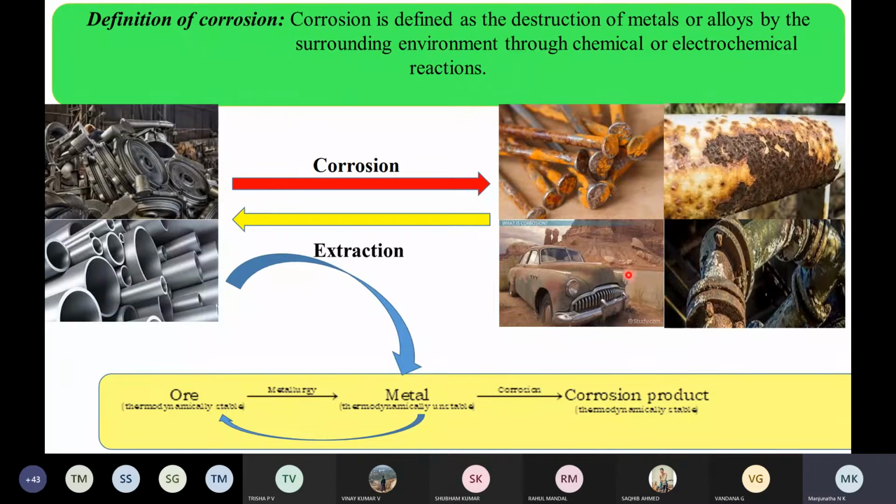Therefore, the term corrosion is defined as the destruction of metals or alloys by the surrounding environment through chemical or electrochemical reaction. Is it clear? Now, can anyone tell me what is corrosion?